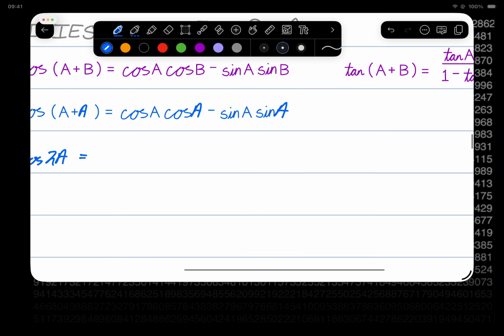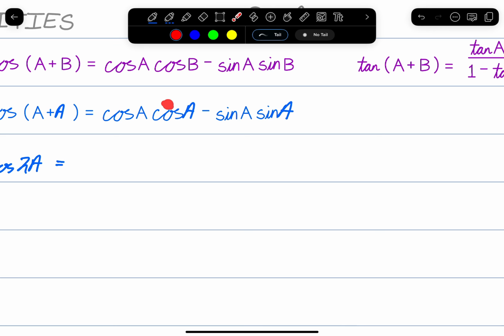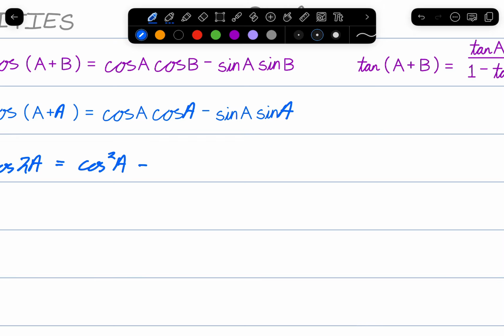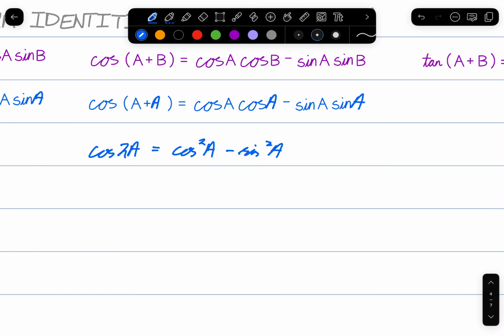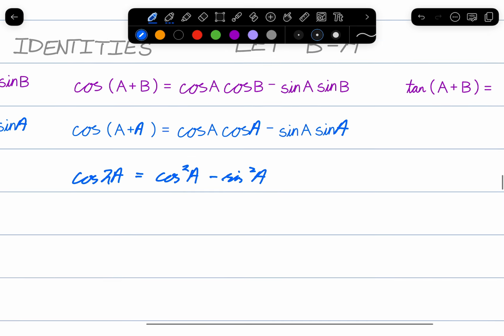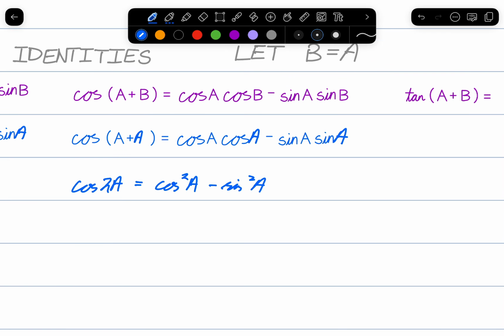And I hope you can see here that this is cos a times cos a. Well, that's simply cos squared a minus sine squared a. And that is the proof for the double angle identity of cosine.